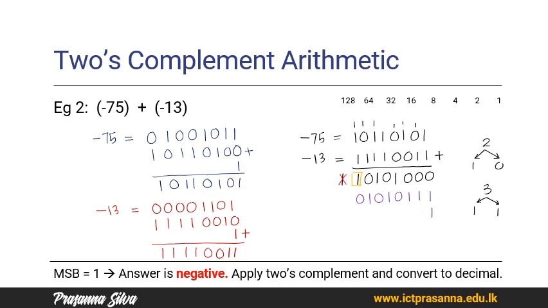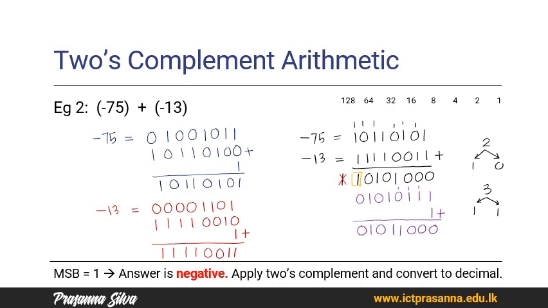And we need to add 1 to this as well. 1 plus 1 is 0 and 1. 2 again 0 1. 2 again 0 1. And this 1 comes over.